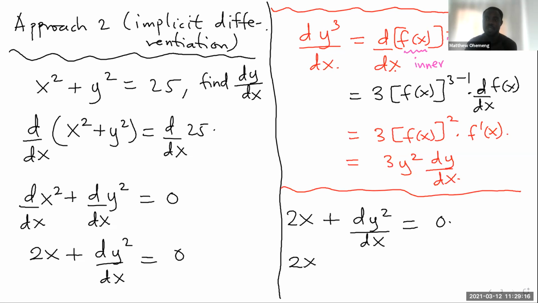So what do you think d over dx of y squared is going to be? Anybody? Okay, so I have 2 f of x. Thank you. Keep trying. You're close. Minus 2x, close still. Keep trying. Yes, you're very close.